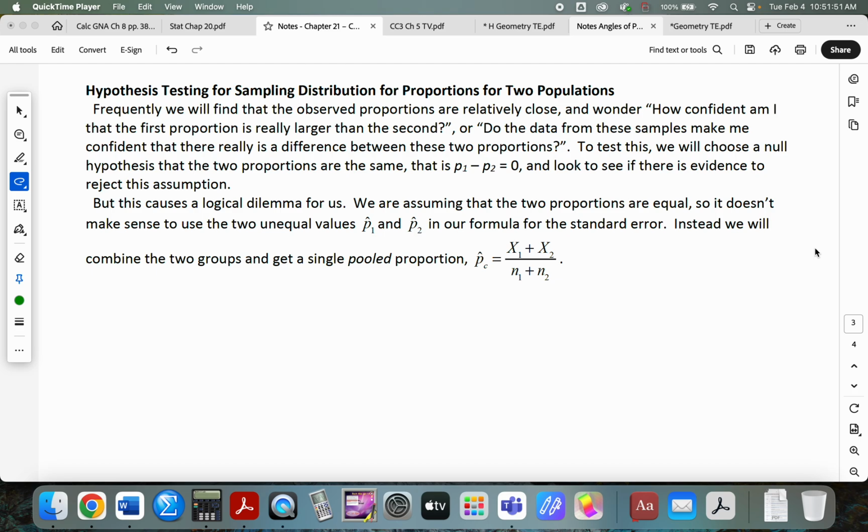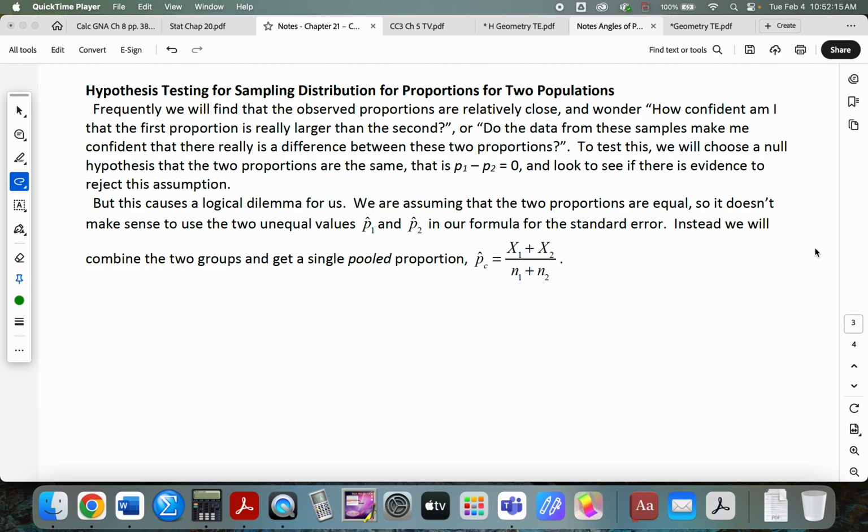That is a mouthful to say, but most of the time when we do this, not all the time, the null hypothesis is that the proportion from my first sample to my second sample is not any different, or at least not statistically significantly different.